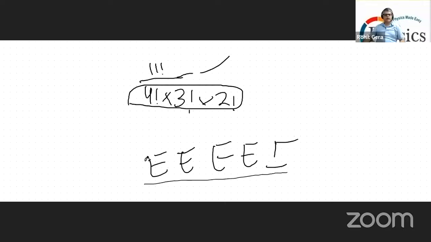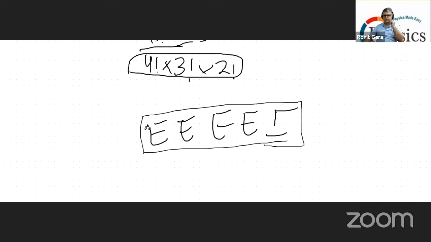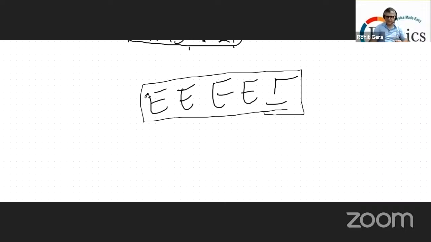So, this is only 1. Treat it as a 1. So, you have 8 actually to fill up, 8 places. So, 8 factorial.